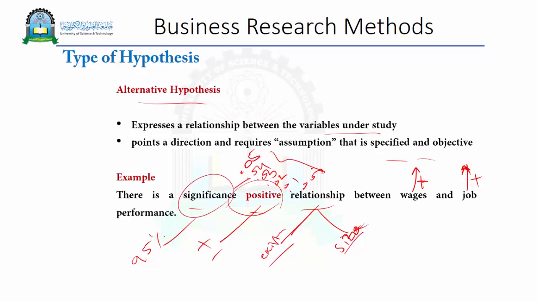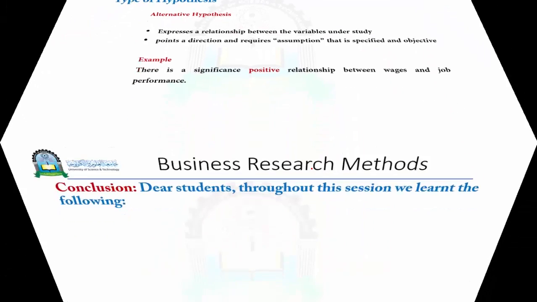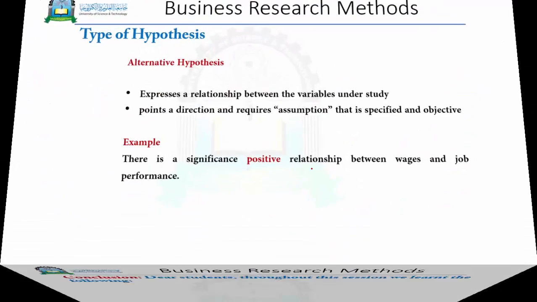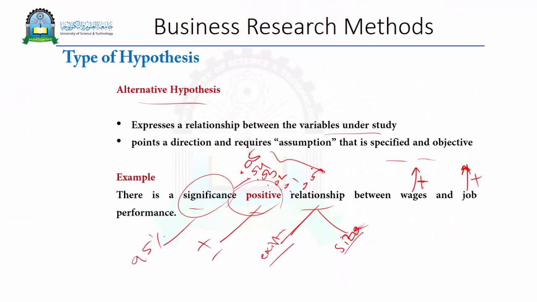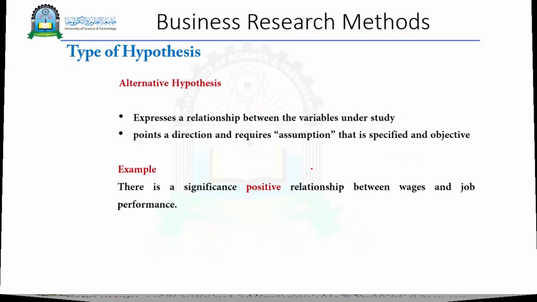These are the indicators. So these indicators can explain and can depict the relationship and can show the researcher whether he can accept or reject the hypothesis.